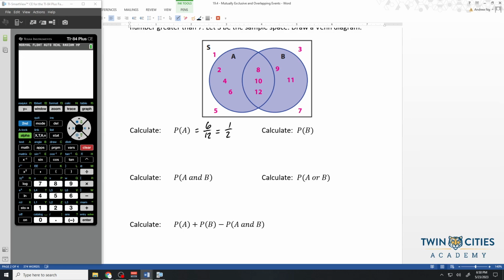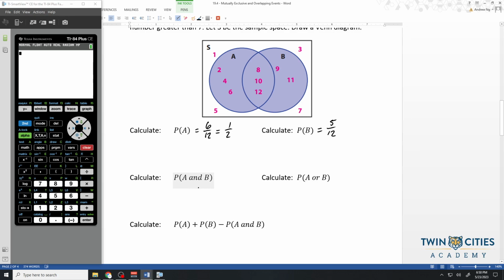All right, now the probability of event B. This is how many numbers are greater than 7 out of these 12. So I've got 1, 2, 3, 4, 5 numbers. They are 8, 9, 10, 11, and 12. So the probability that a number greater than 7 is rolled is 5 over 12.